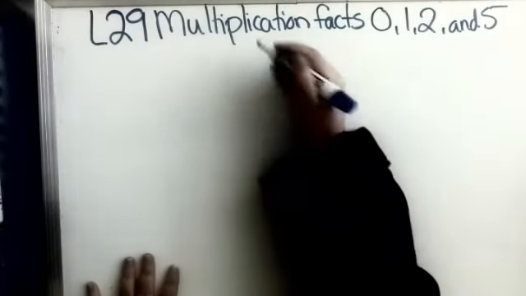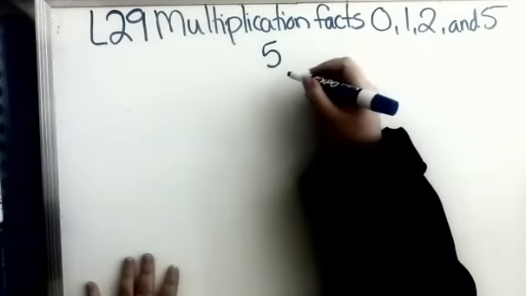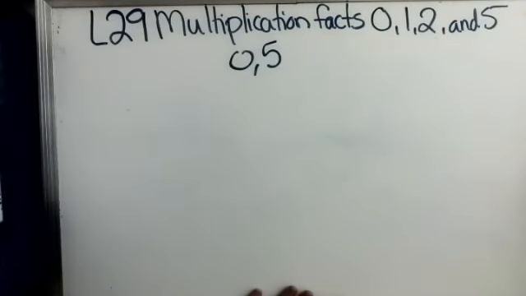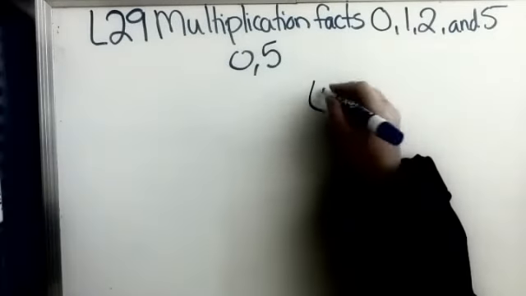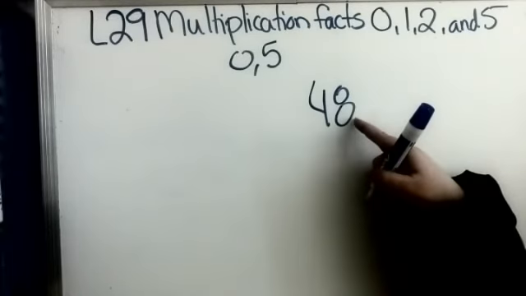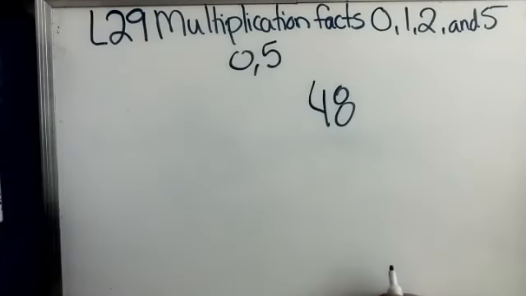If it is even, it is a multiple of or divisible by 2. For fives, the pattern is 0, 5. That is your pattern for the ones column. If it does not end in a 0 or a 5, it is not divisible by 5. If I have 48 that we used earlier, it's divisible by 2 because it has the 8, but it is not divisible by 5 because it does not end in a 0 or a 5.